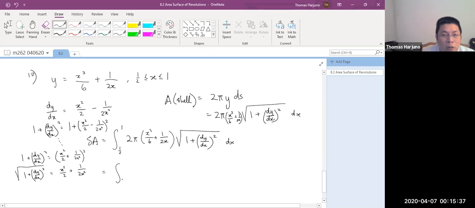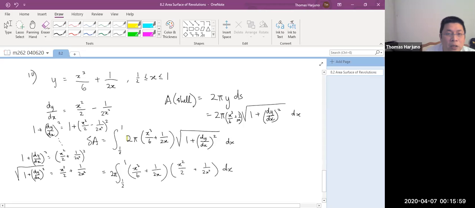This is the integral from 1/2 to 1. Let me pull the 2 pi out. I get x cubed over 6 plus 1 over 2x, multiplied by x squared over 2 plus 1 over 2x squared, dx.